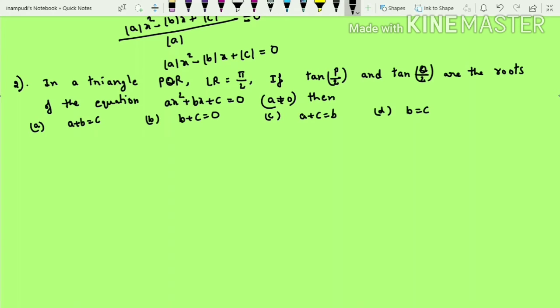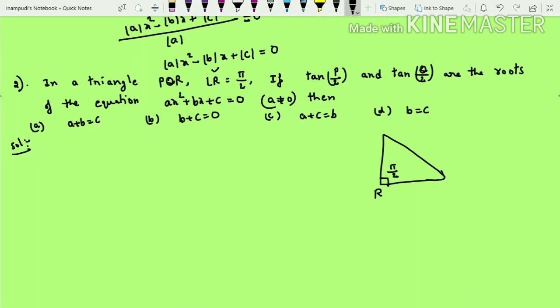Here given that in a triangle PQR, angle R equal to pi by 2. 90 degrees is at R. One vertex R is 90 degrees, R equal to pi by 2.